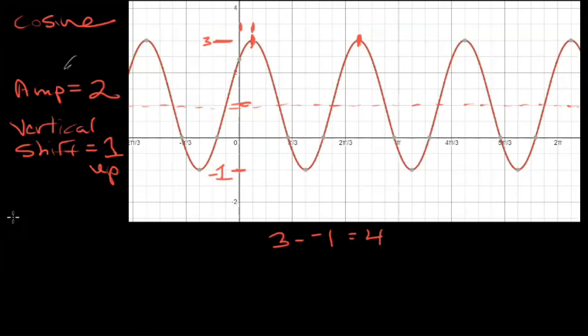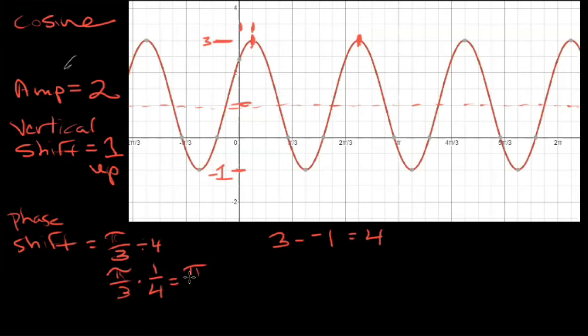So I know the phase shift will be pi over 3 divided by 4, because that's 1/4 of that. So pi over 3 divided by 4, which is the same as pi over 3 times 1/4, which is pi over 12. So then the phase shift is pi over 12. That's the phase shift right there.